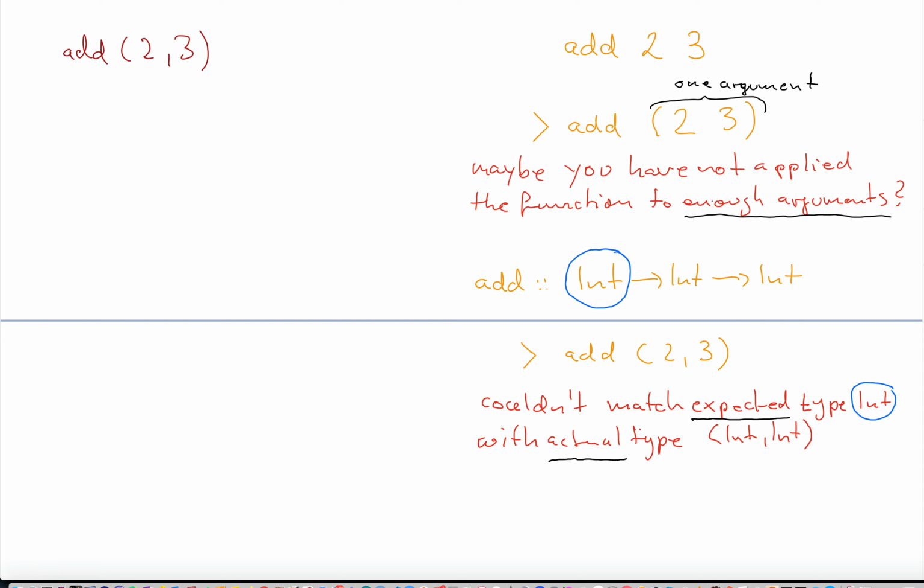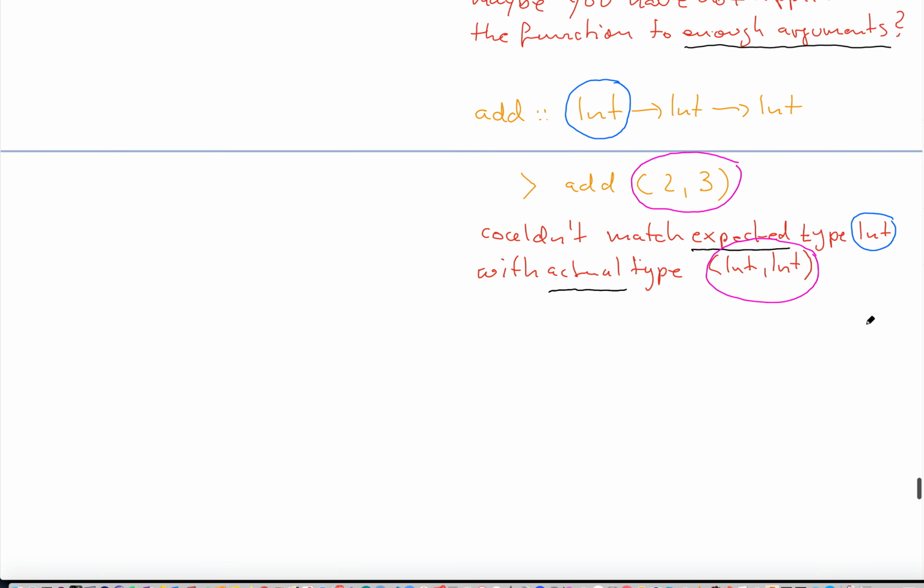Okay, and why is the actual type Int, comma, Int? Now let's look at this here. The actual type is computed from our input here. And so Haskell is doing a little bit of type inference.